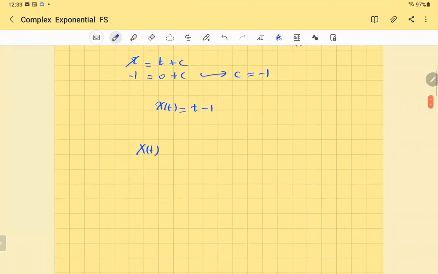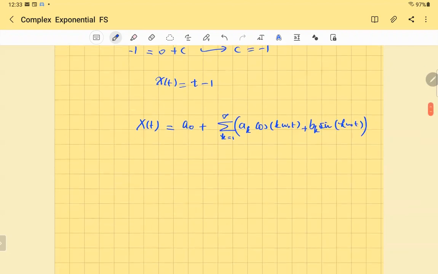Let me write, the normal trigonometric series is a naught plus the summation from k equals 1 to infinity of ak cosine k omega naught t plus bk sine k omega naught t. That's the normal trigonometric series.